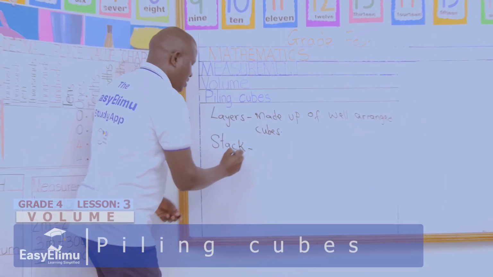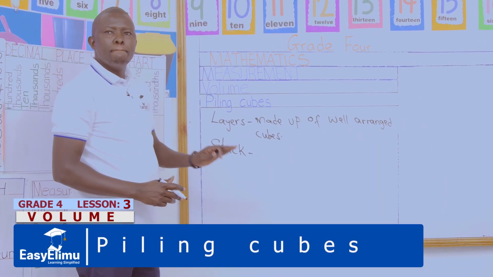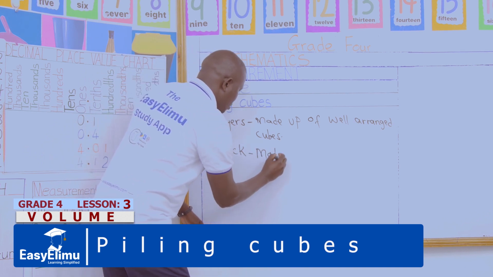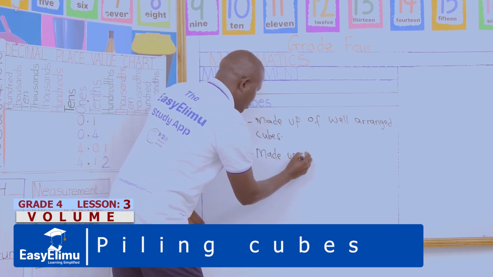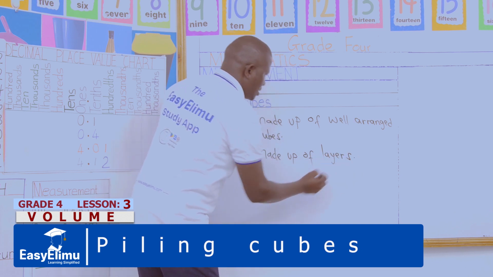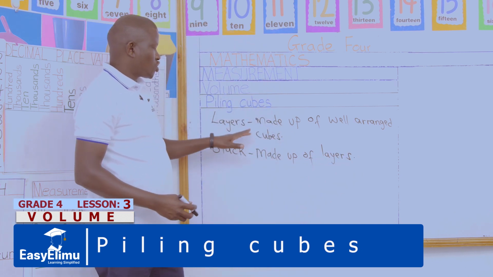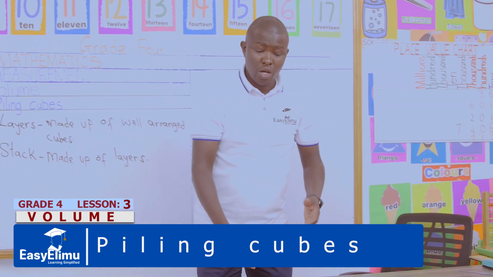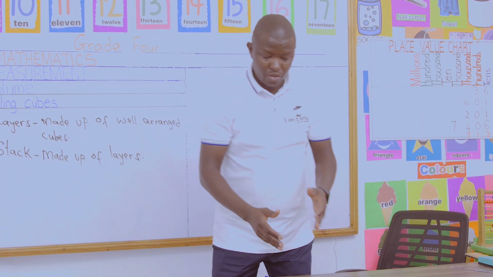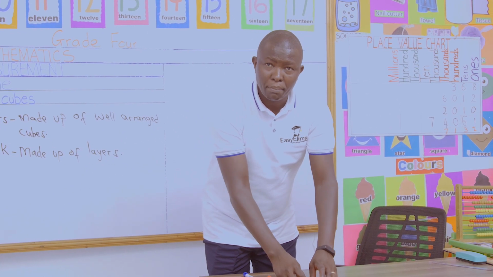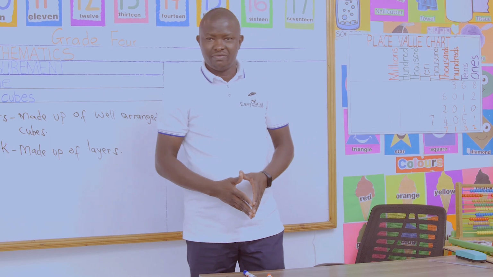A stack is made up of many layers. Layers is plural. Plural means it is not one layer, it is many layers. So they can be 2 and going on. We have 2 now. If I want to add another one, I will add on top. So I'll be piling up. That is how we do.